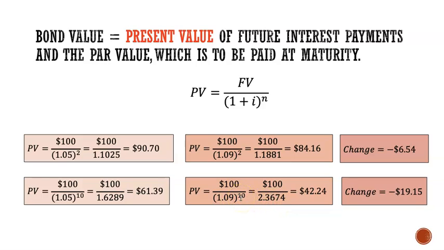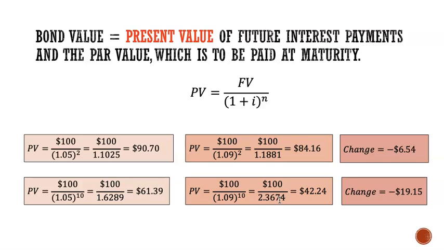For interest rate changes, when there's a higher power because of a larger time period, we're going to have a bigger denominator, and as such, the impact on the present value will be greater. For the 10 years, the change here is $19.15, a bigger change than for the 2-year period. That's simply the impact of time value of money.